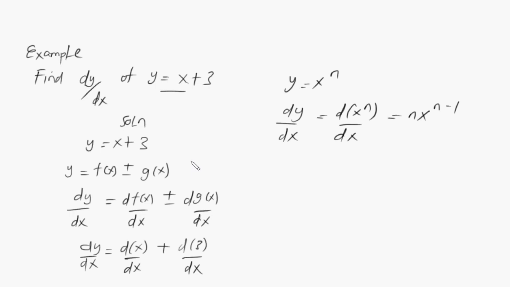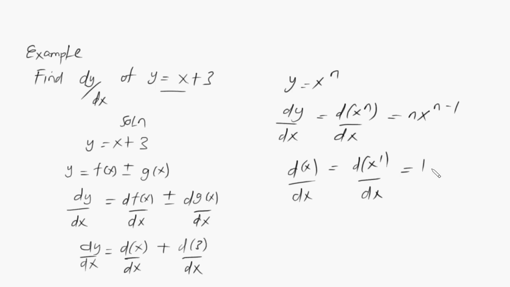So that is the answer for a particular function like that one. So what do we have here? We have x. So for the derivative of x with respect to x, n is 1, x power 1. So n is just 1.